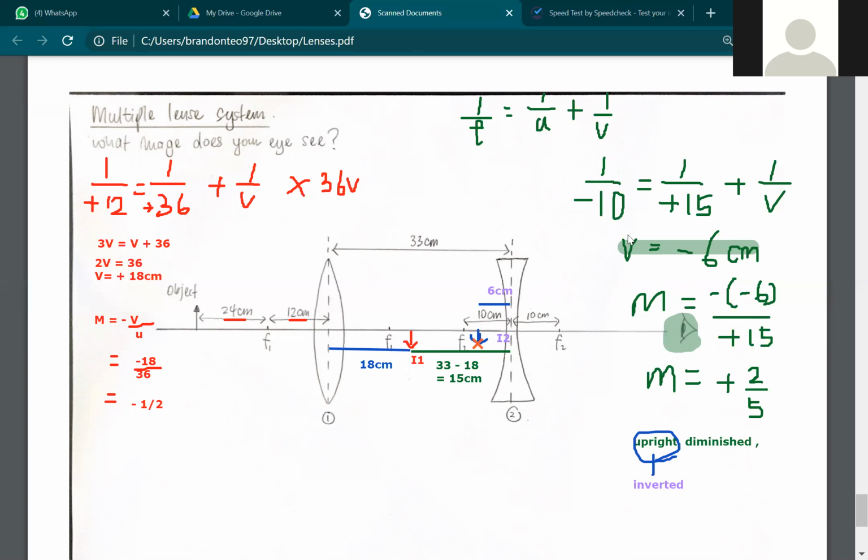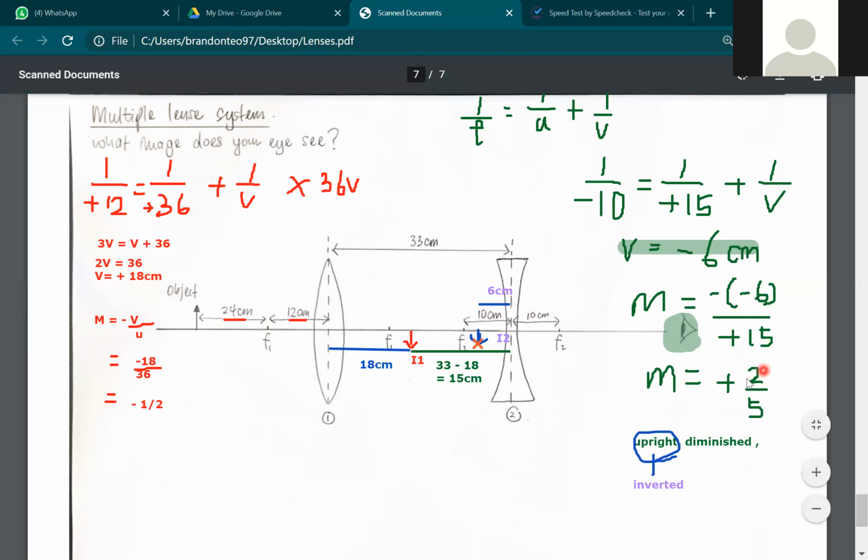Remember this magnification is 2/5, right? 2/5 of what? Not 2/5 of the first object, but 2/5 of the second object, I1. Because you are taking this as the object in the calculation, this magnification is based on this one. So the size is further decreased, 2/5 of I1. So it's even smaller. It is not 2/5 of the object.